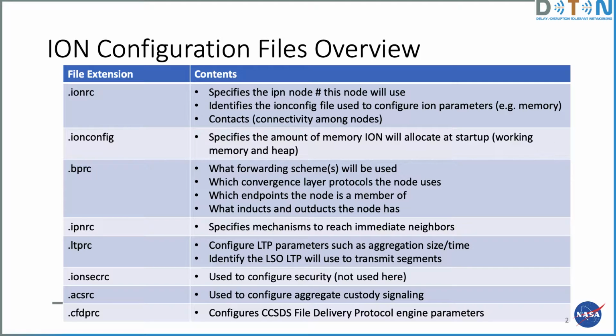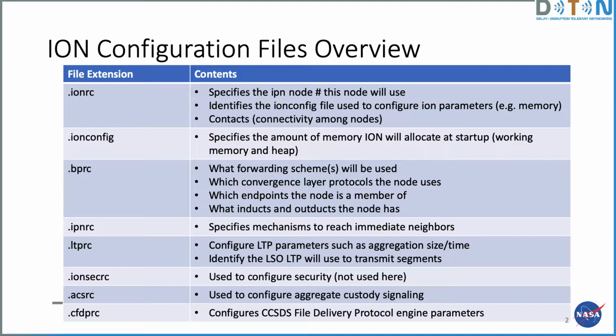If you remember, we talked before briefly about needing to identify the endpoints that a node was a member of, so that, for instance, when we did a ping command in the previous module where we were looking at scenario 2A under constant, we did a ping from ipn:1.3 to ipn:2.1.